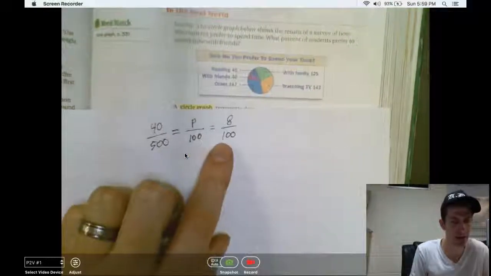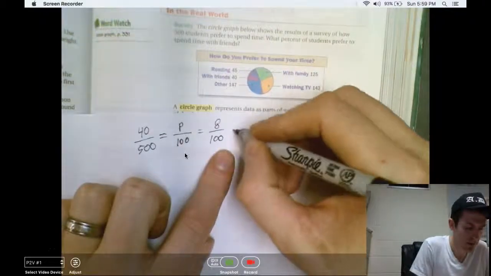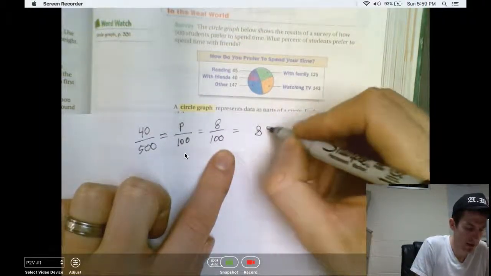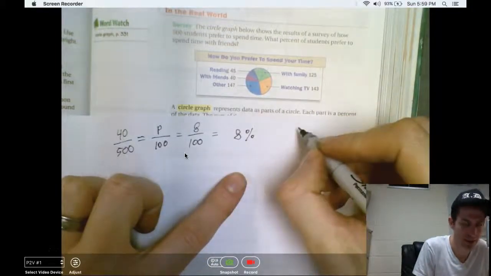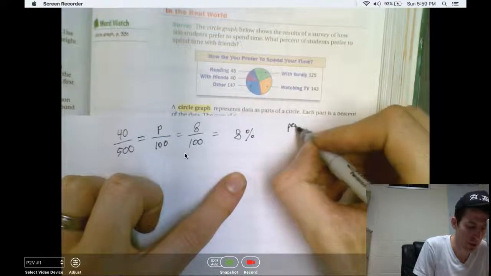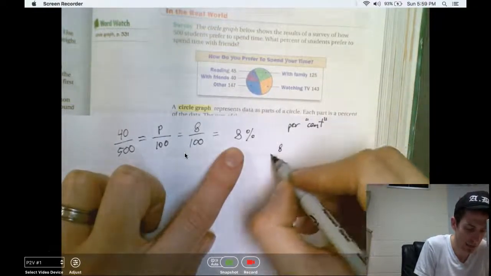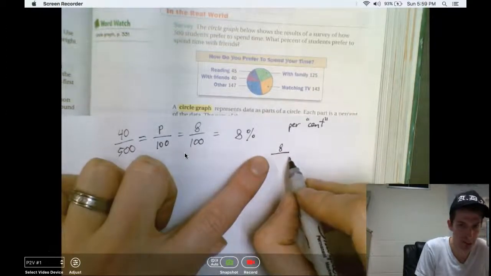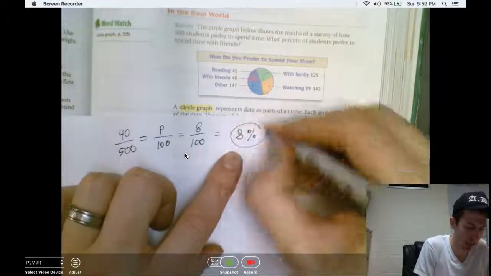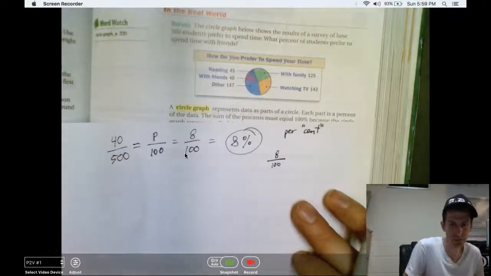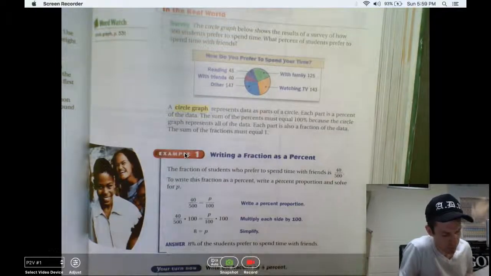So 8 out of 100 is what percent? And that is 8%. We talked yesterday about percent meaning per 100, per cent. So this is 8 per, that line means per, 8 per 100, 8% looks like that. Was that easy? Yeah, 8% of the students prefer to spend their time with friends.